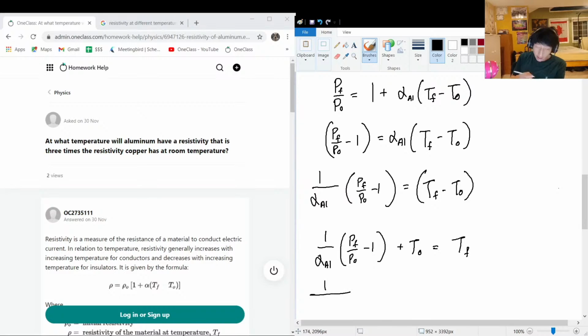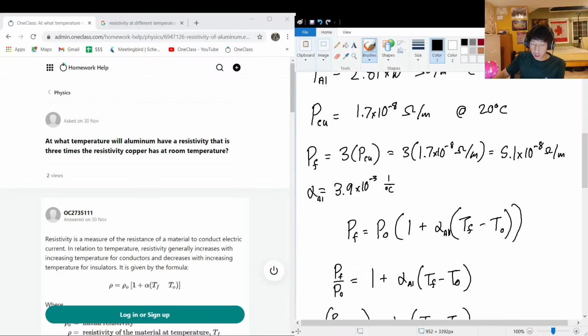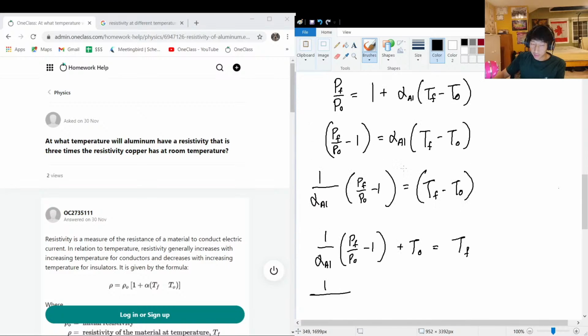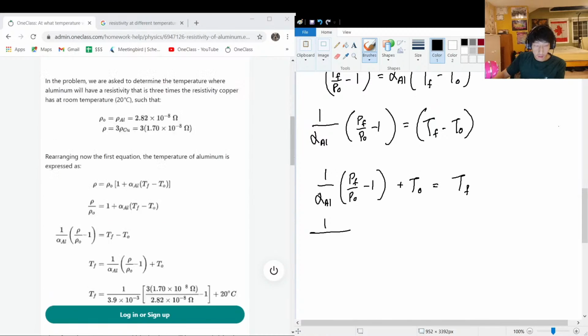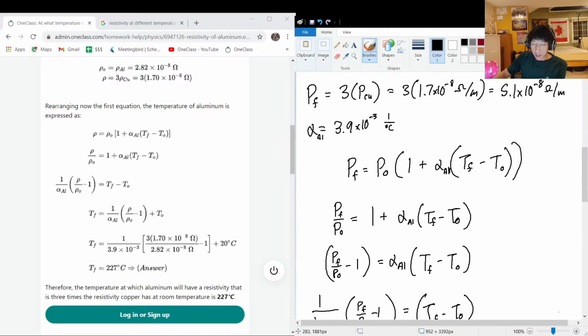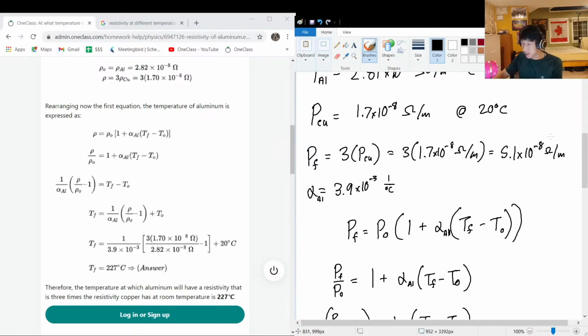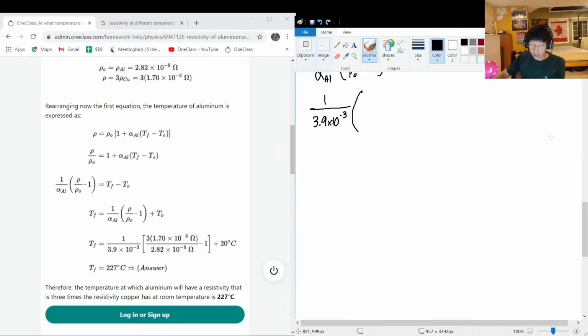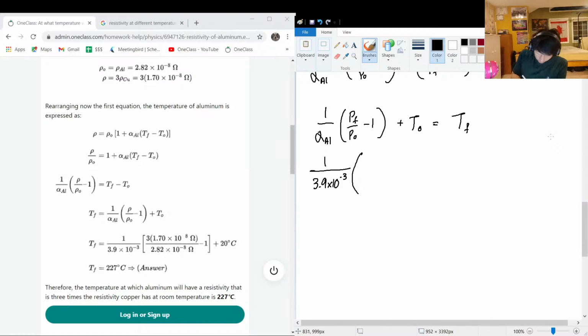Okay, our alpha AL value is 3.9 times 10 to the negative 3. And our PF value was 5.1 times 10 to the negative 8.